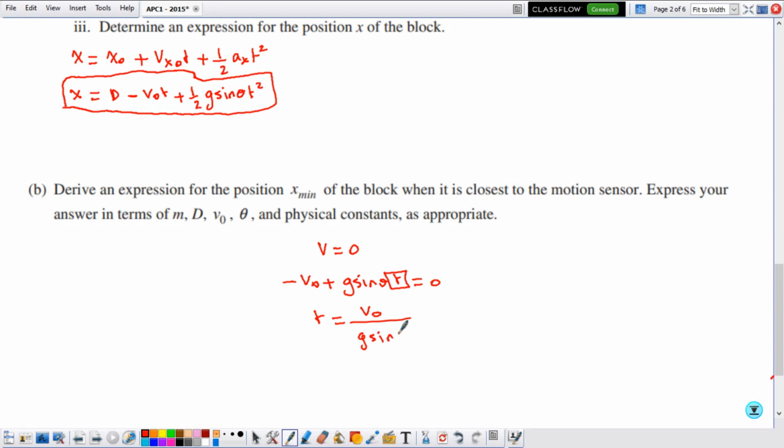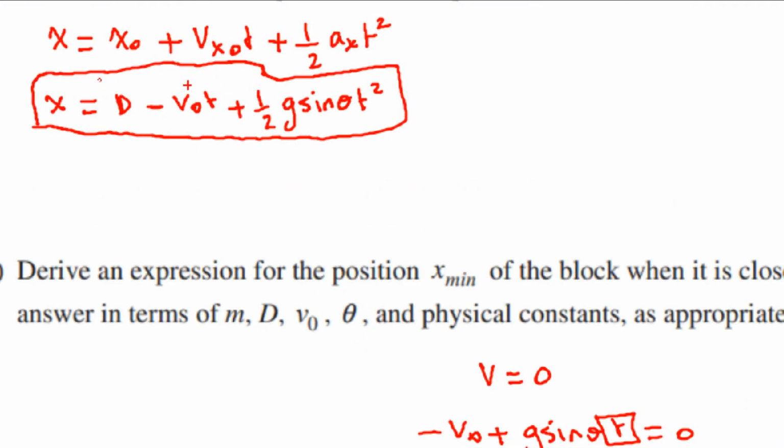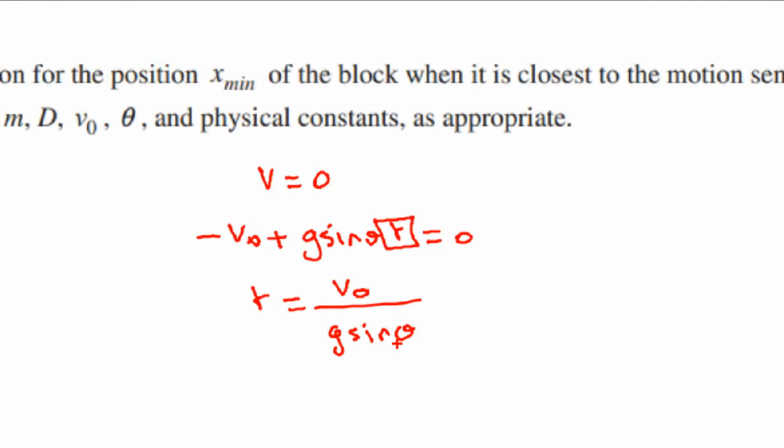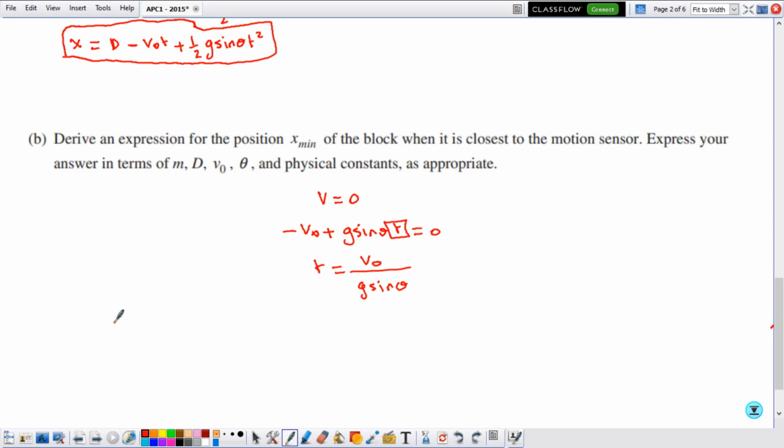Now why are we solving for time? Because we need to find the minimum position, and the position explicitly depends on time. So the time that we have found here would be replaced in this position. Then let's do that. The position is given by d minus v0 multiplied by t plus half g sine theta multiplied by t squared.